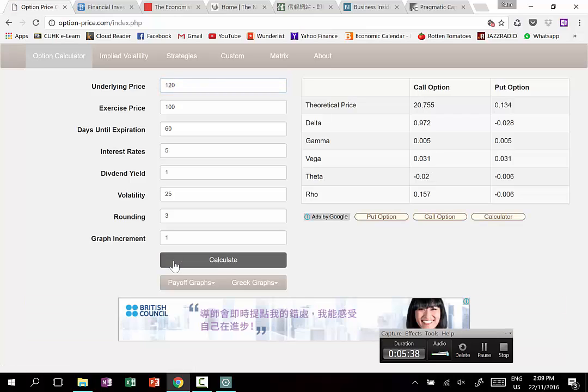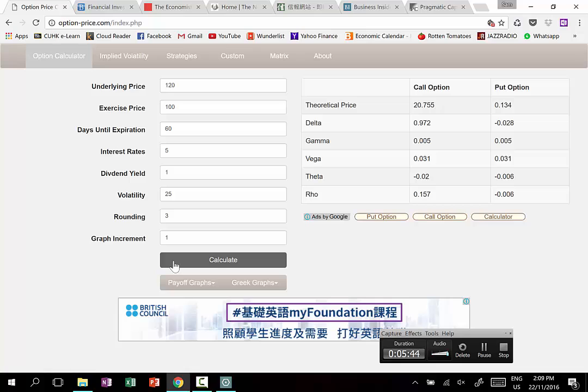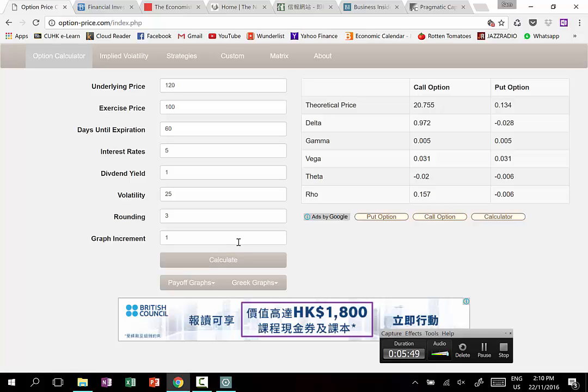Now I know I'm here pricing a European option, but it doesn't matter. I'm just making a point here. The point is, there is an option which is deeply in the money, and if you were able to exercise it today, it has $20 of value right away.